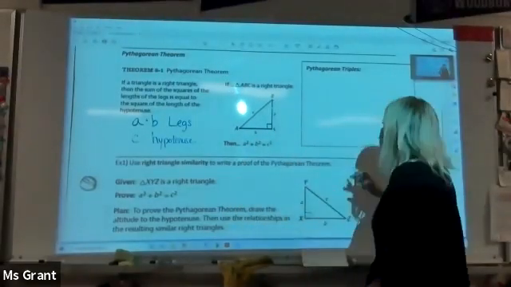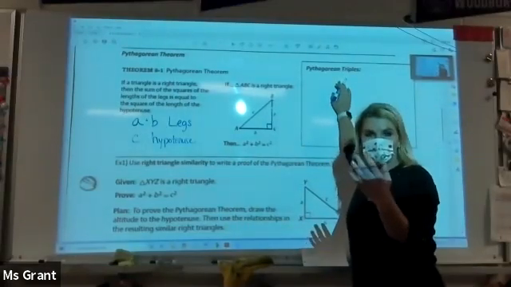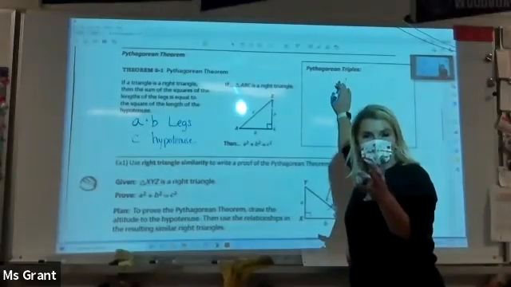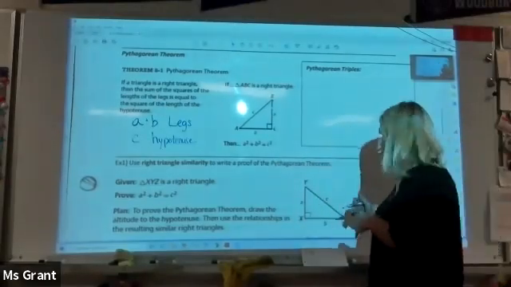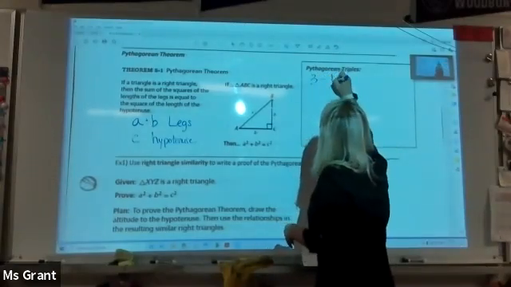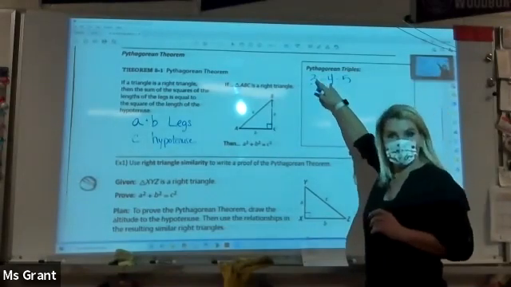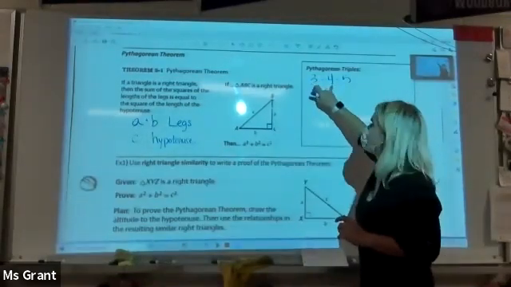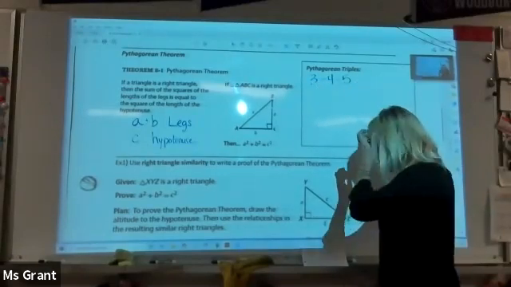We know that. Pythagorean triples means here are three numbers that you can remember, and those numbers make up a perfect right triangle. So obviously the easiest one is a 3, 4, 5, where the smaller numbers are the legs. A squared plus b squared equals c squared. 3 squared plus 4 squared equals 5 squared, right?